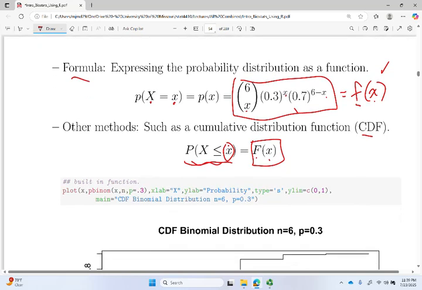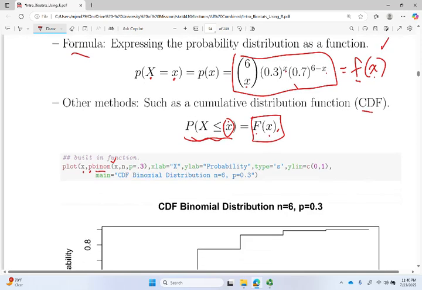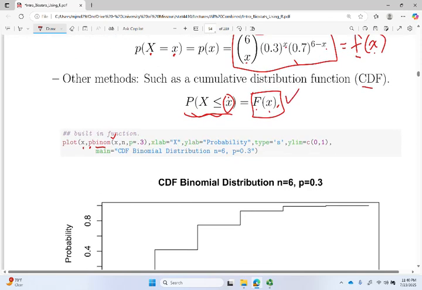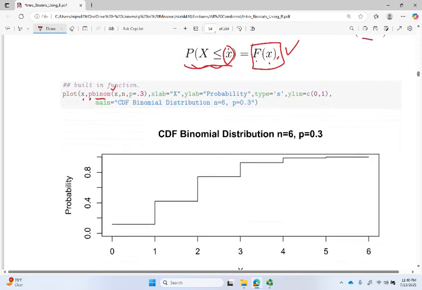Now we can plot the CDF, and notice that here P and then the distribution name, that creates cumulative distributions. It's a cumulative function. And so we're going to plot the X values, but we're also going to plot the probability, or the cumulative distribution function.